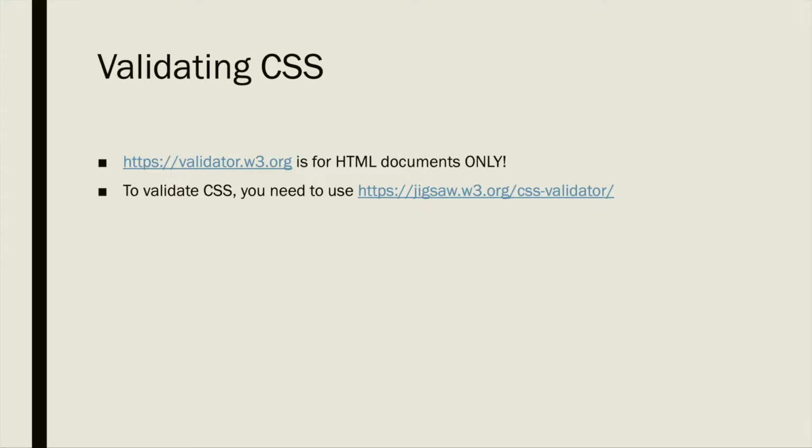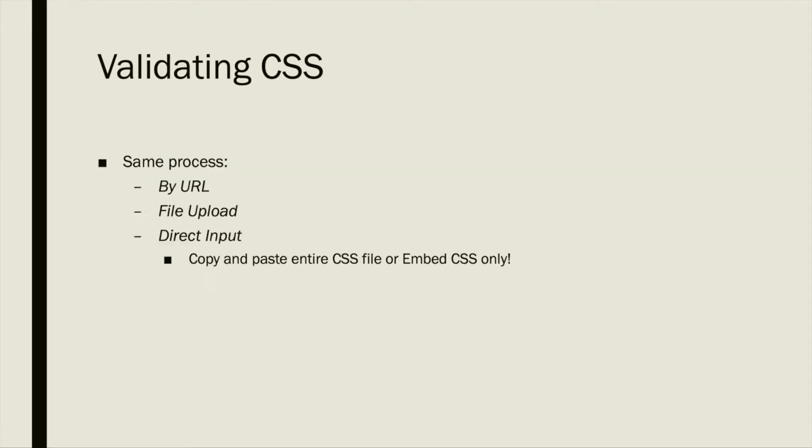In this case, you want to go to jigsaw.w3.org/css-validator. That way you can access the CSS validator, which will validate only CSS, instead of the HTML validator, which only validates HTML.